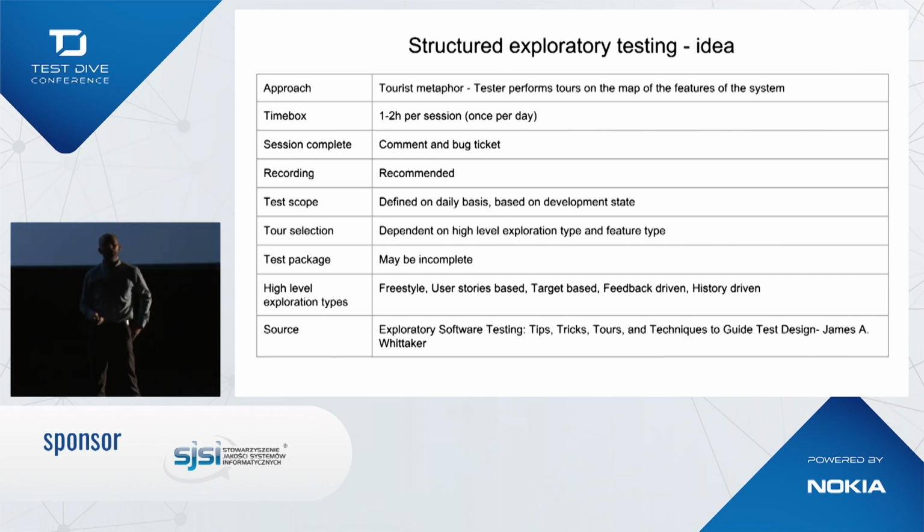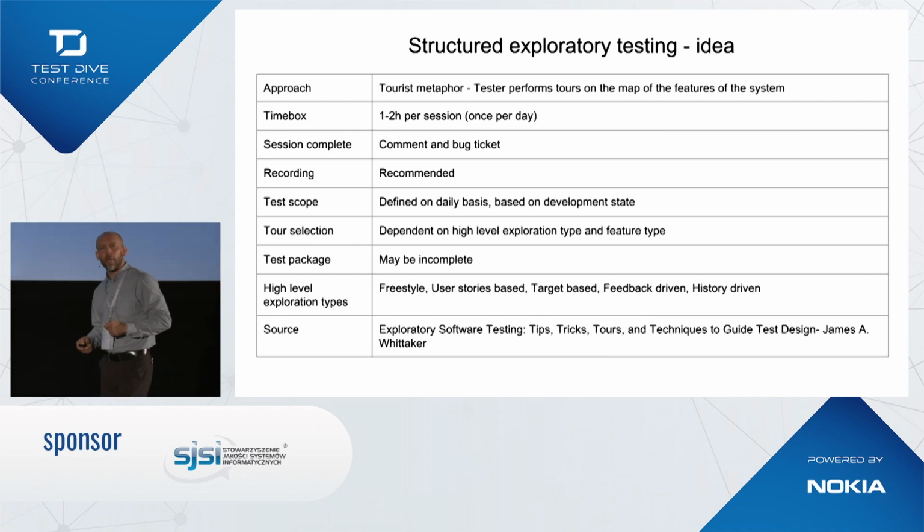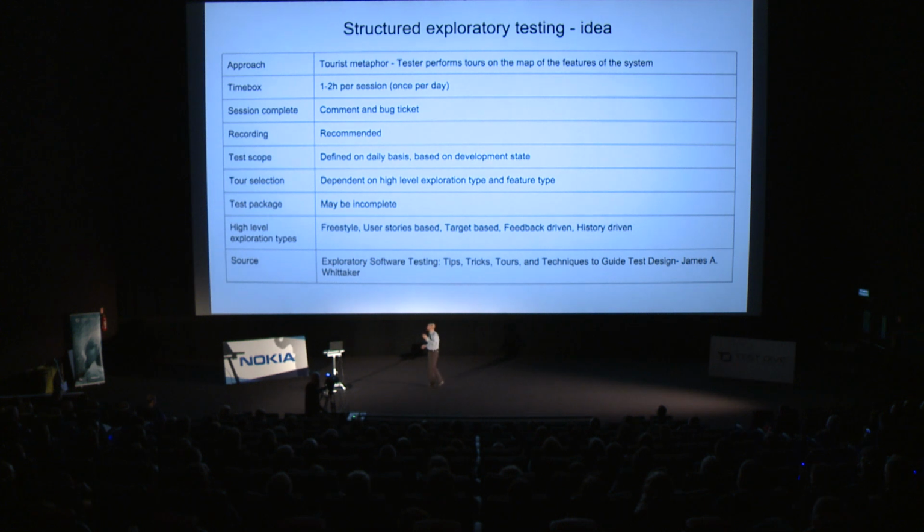So somebody tells us, yeah, in this area we had historically the most of the problems, then we can enter into this area and perform the tests. Okay, test package can be incomplete. Take a look at this one. So we can test incomplete feature. This is a great point. And then the source, which I mentioned at the beginning. This is all what you need to know about the approach.